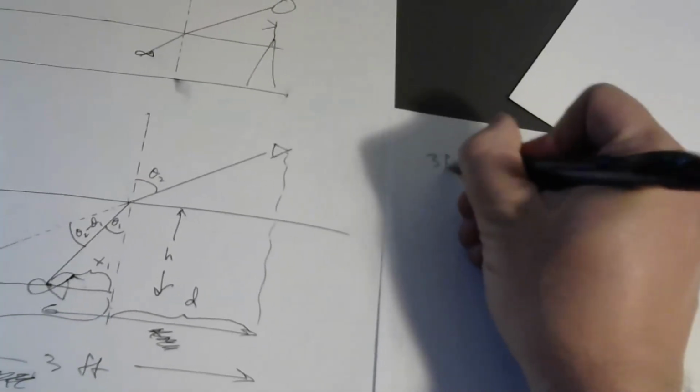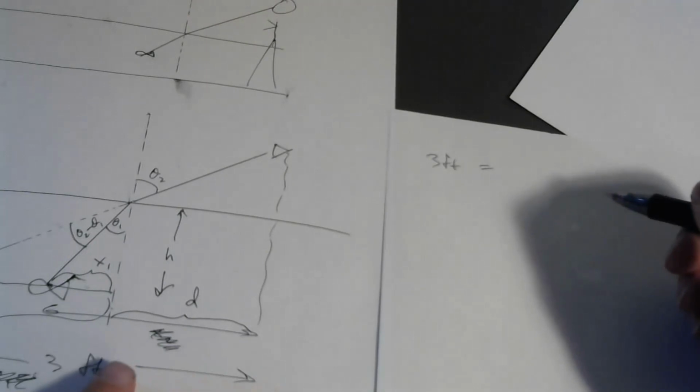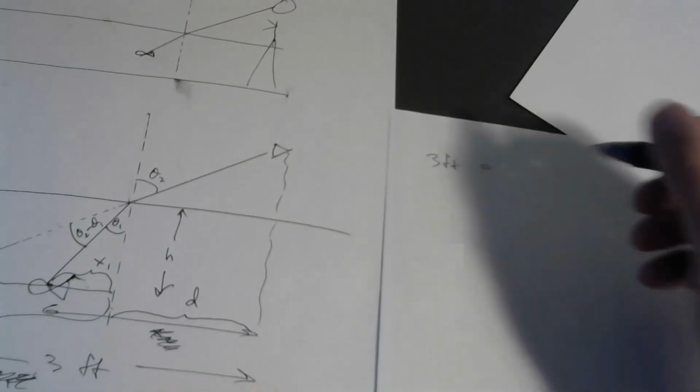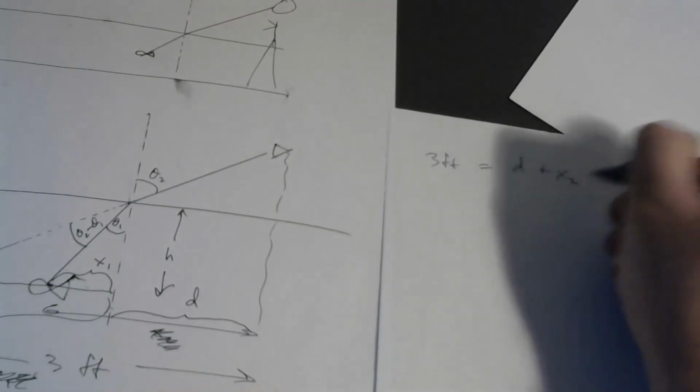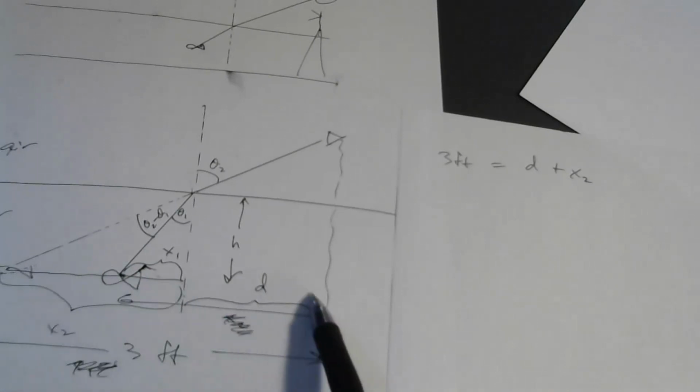Okay, and I think what we've got is 3 feet is equal to D plus X2. Yeah, 3 feet is how far the fish appears to be from where the person is standing.